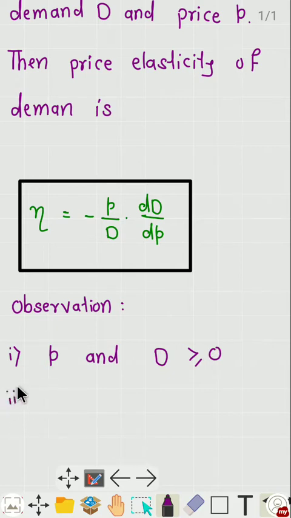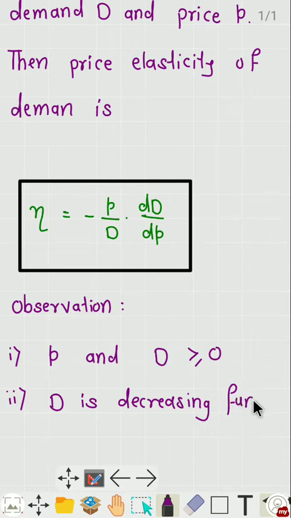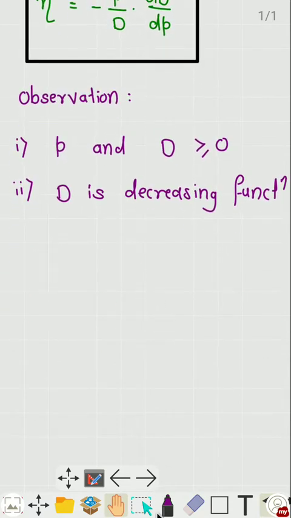Now the second observation is demand is a decreasing function, therefore the derivative of the demand with respect to the price P is always negative.